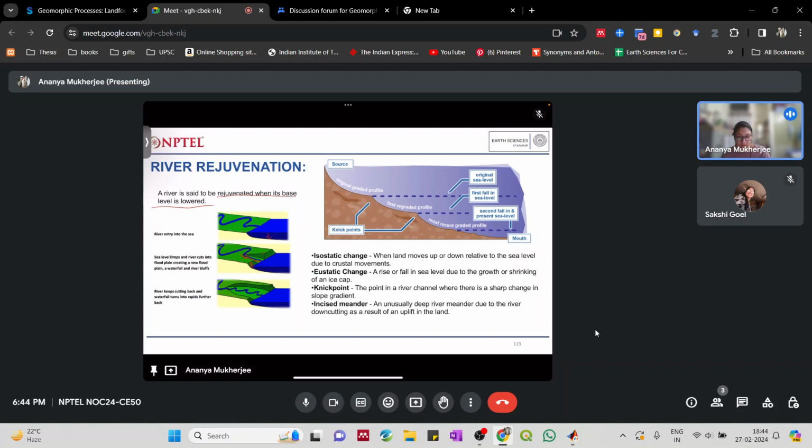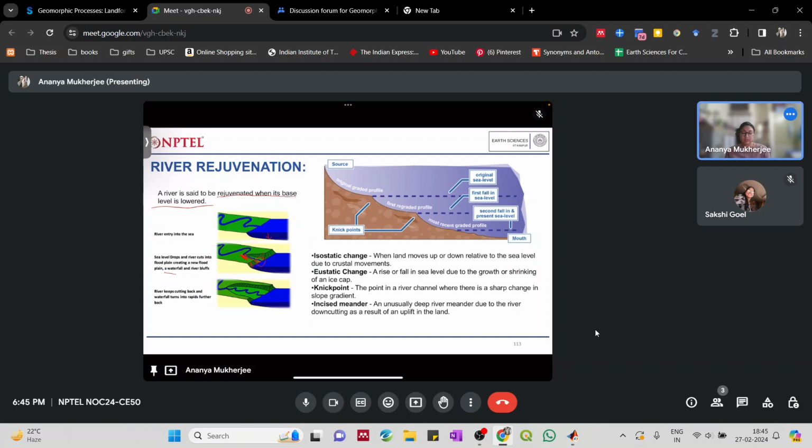The channel slope over here has increased, so the river will cut into the floodplain and it will start creating a new smaller floodplain nearer to the mouth of the river. And this area where the channel slope has increased is where you can find waterfalls.